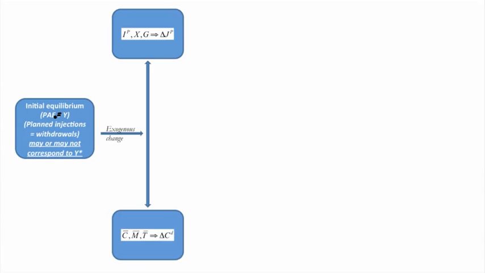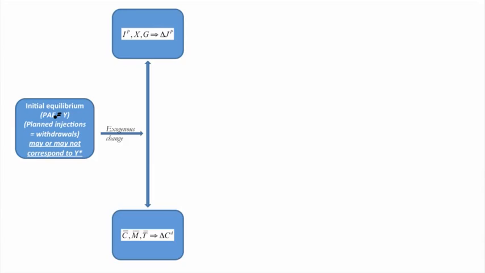Other things can change though. There could be changes in exogenous consumption, as we've analysed. Imports might have an exogenous component that could change. Taxes might have an exogenous component that could change as well. All of those changes are likely to affect household consumption.